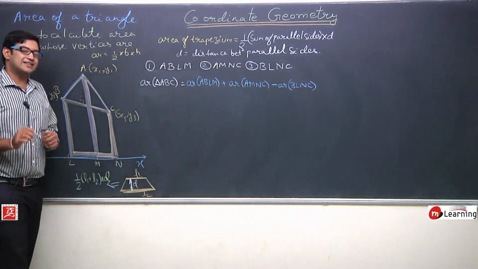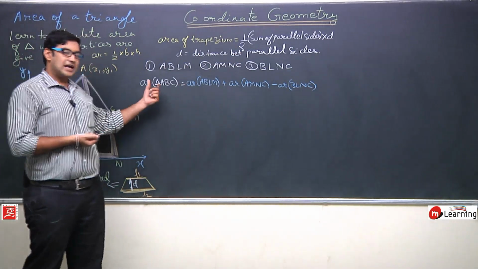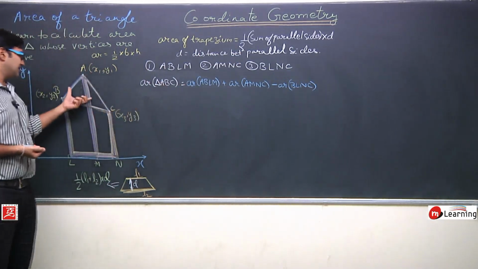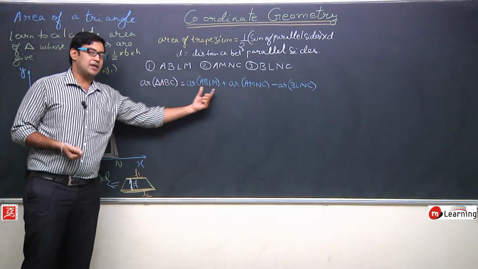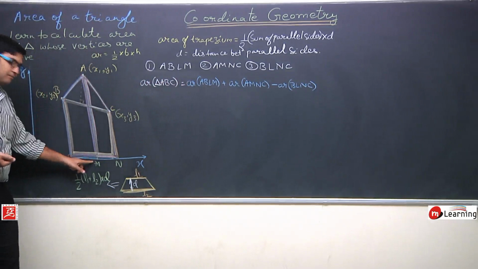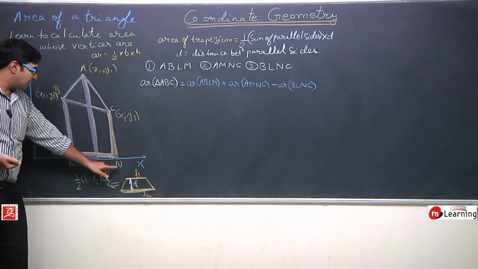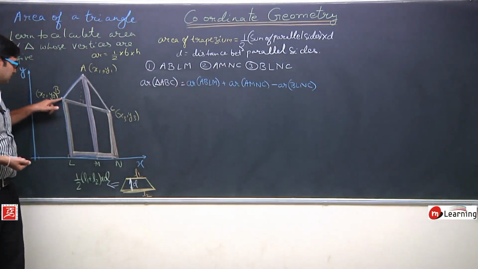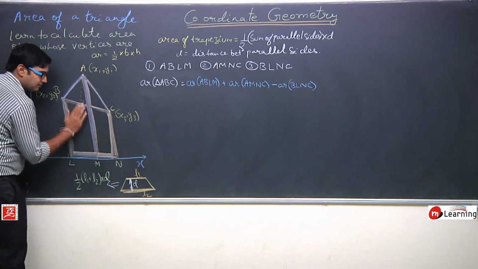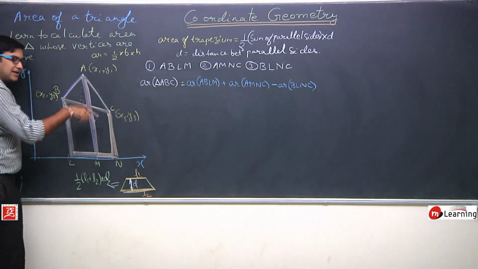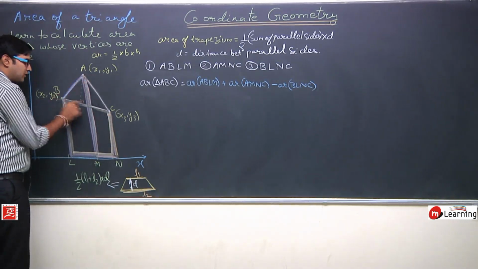From a very simple observation, I can see that the area of this triangle ABC is equal to area of trapezium ABLM plus AMNC minus this one, BLNC. If you subtract this trapezium from the complete trapezium, you will be left with this part only.